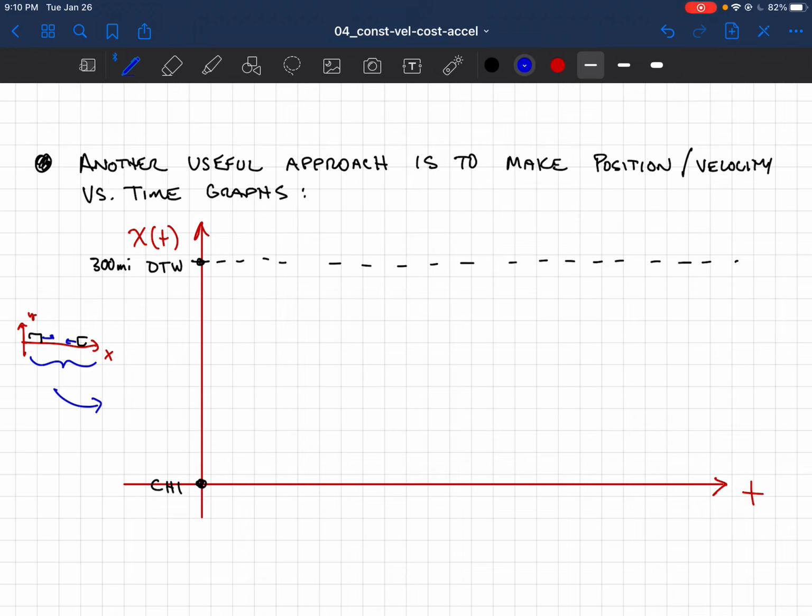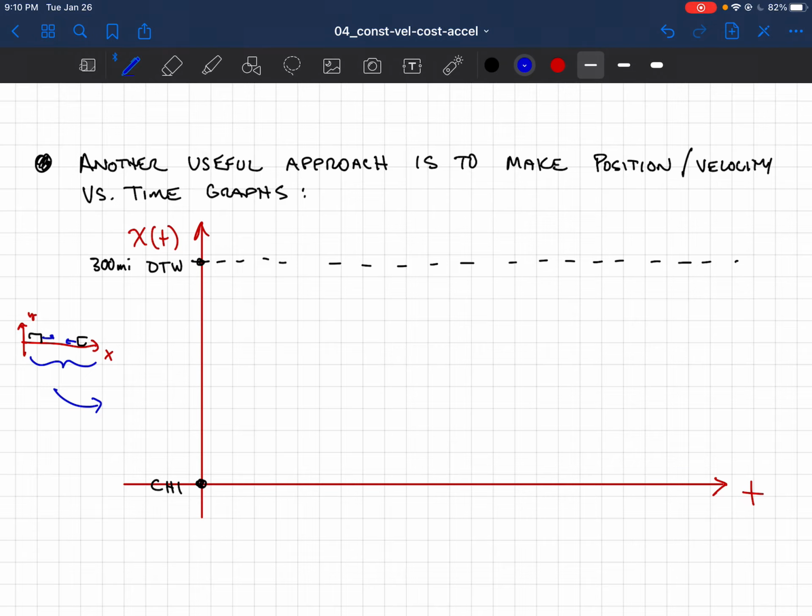So now let's draw a graph for each of the motions. And we already know from the very first section of this lecture what the graph should look like. We know that if you have constant velocity motion, that you have a linear graph. And we also know that both of those linear graphs will start at the same place.